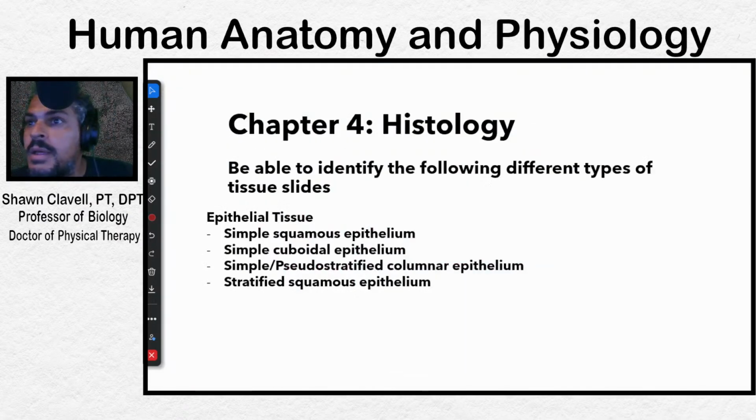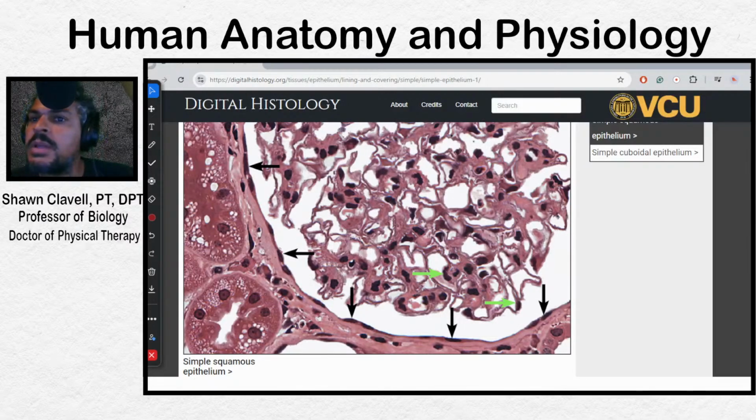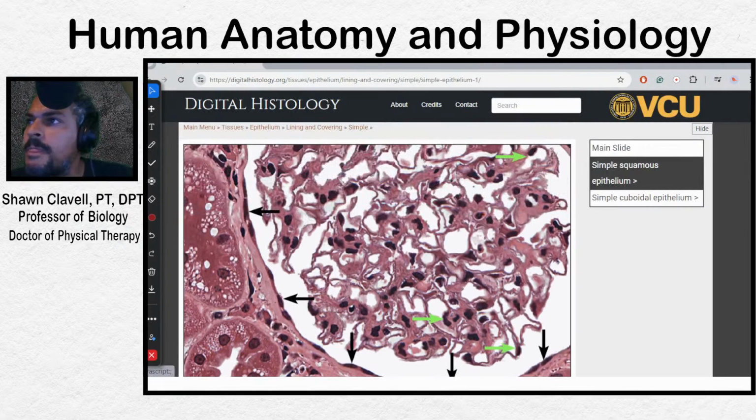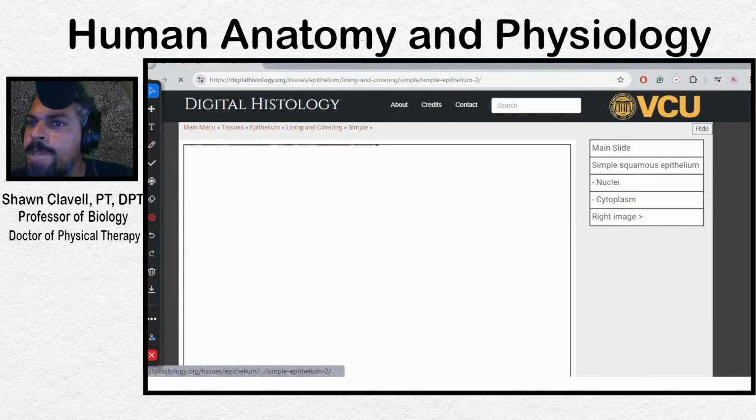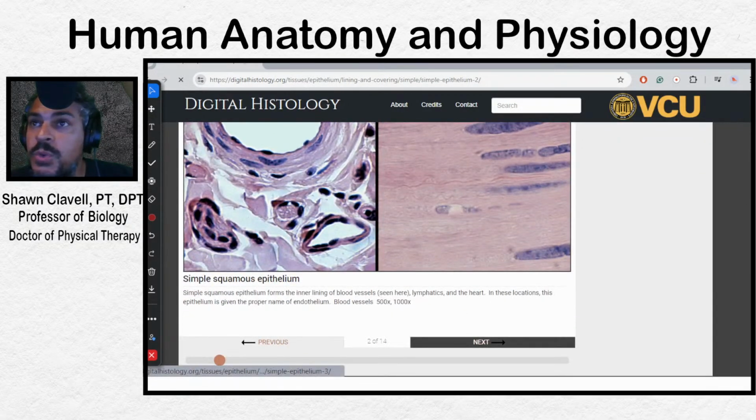Okay, the next one is simple cuboidal. We took a look at that, and now simple and or pseudostratified, they look so similar that either one of those would be acceptable in my book. So simple columnar epithelium or pseudostratified columnar epithelium are similar, and so if you put either one on the practical when you see a picture that might look like, let's see here, there's some more squamous cells, right?